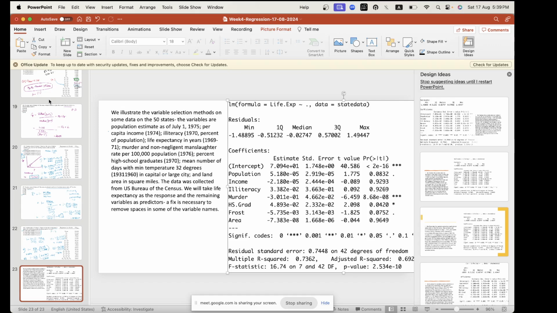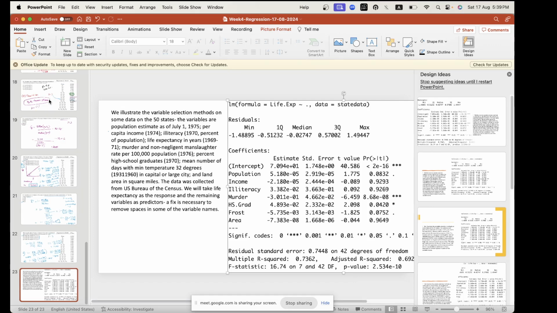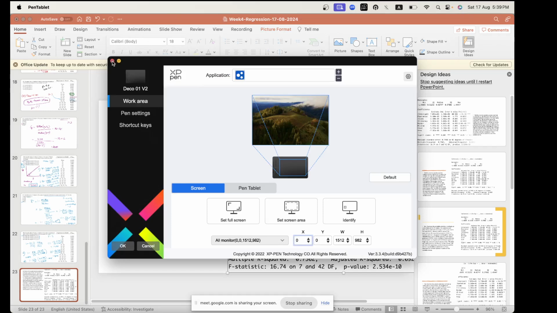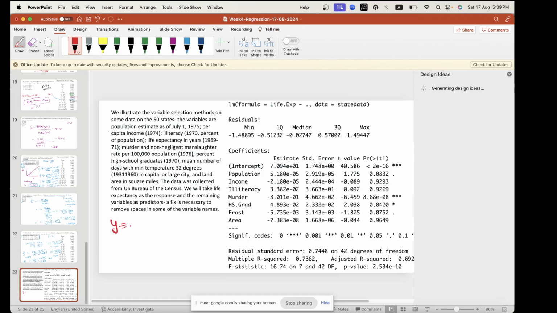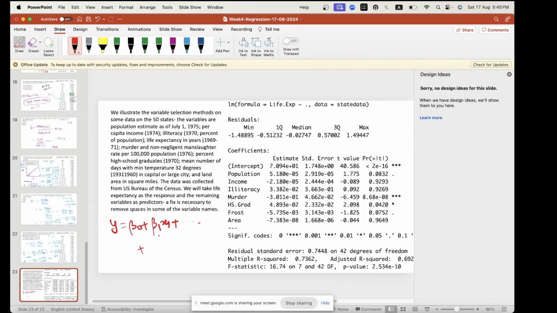So if I have to formally write down the model, then this y equal to beta naught plus beta 1 x1 plus dot dot dot plus beta 7 x7 plus epsilon.